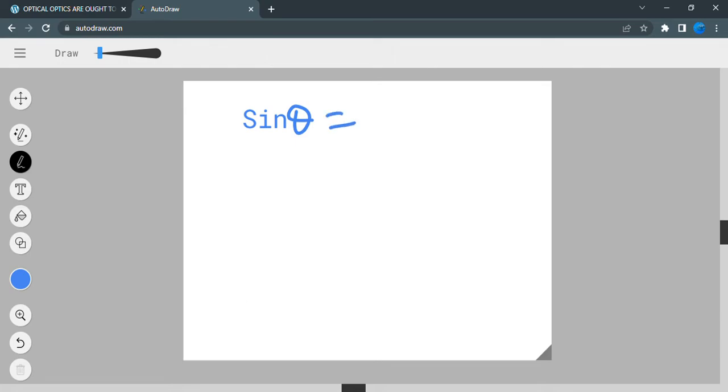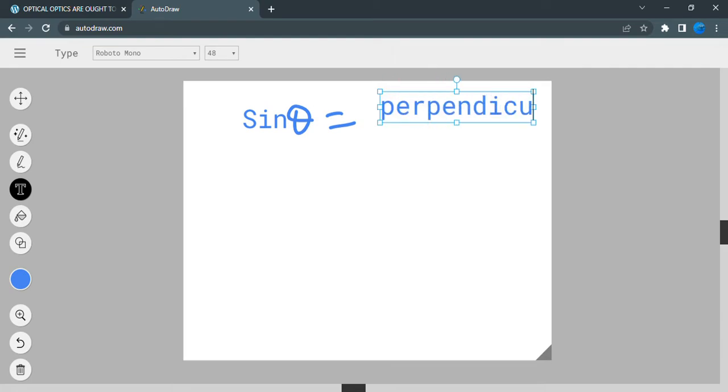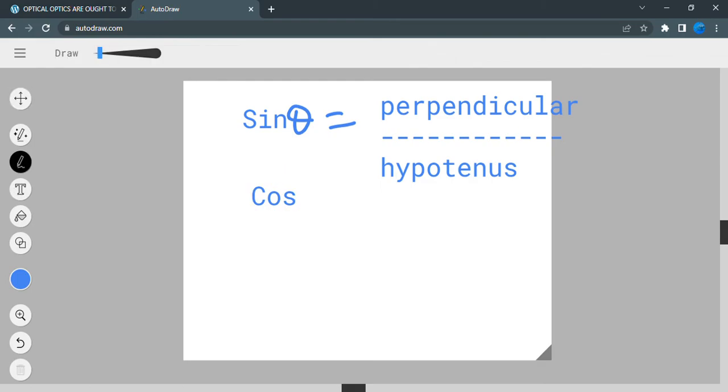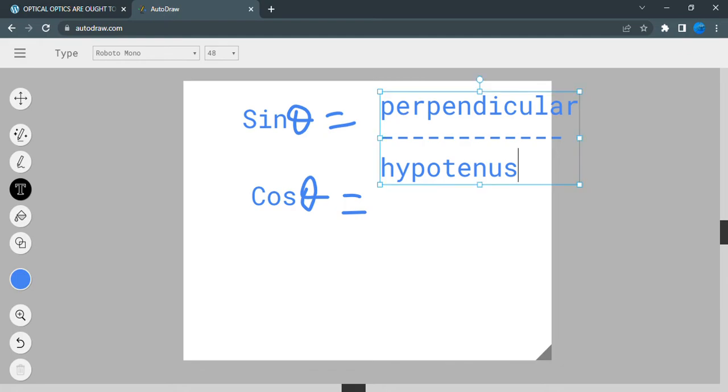This is expressed as the perpendicular divided by the hypotenuse. Next, we have cos theta, which is expressed as the base upon the hypotenuse.